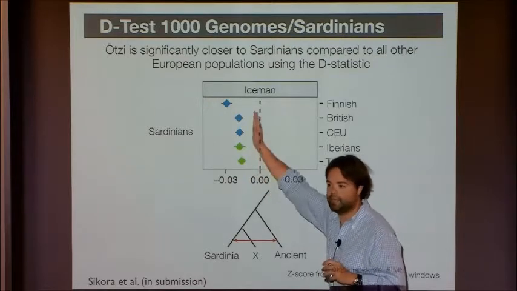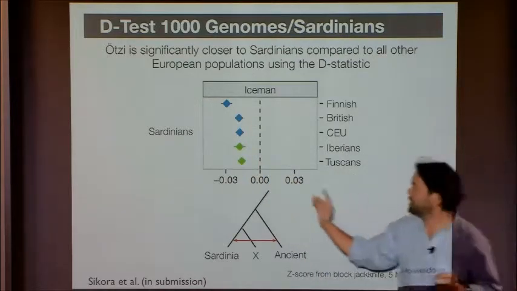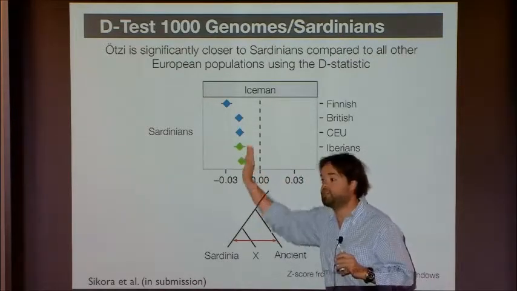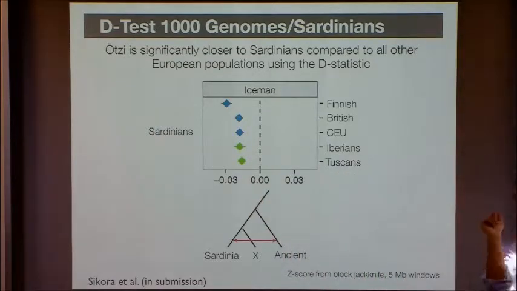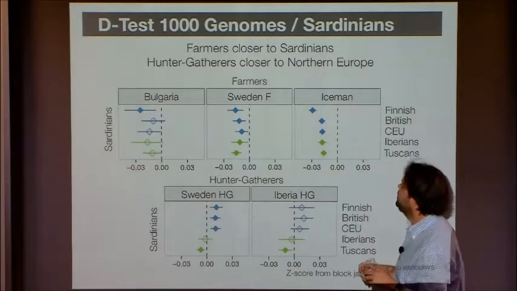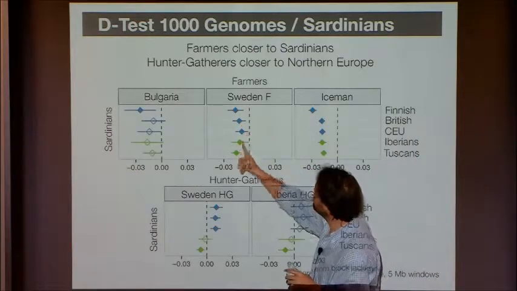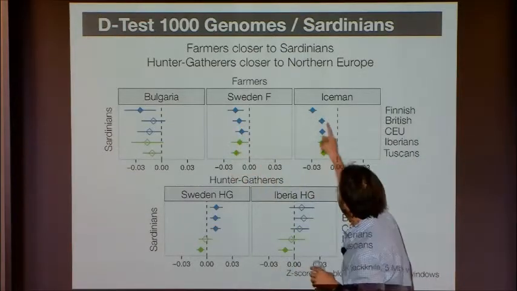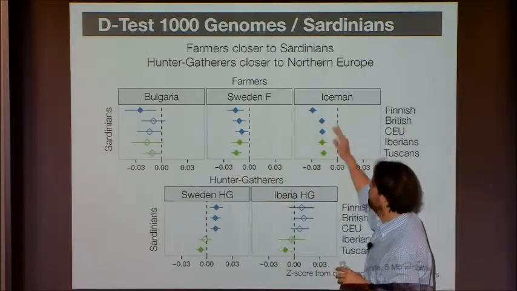Does that make sense? That's not so much because of the strength of the effect, but because of the strength of the data. There's a tremendous amount of data because this Iceman was sequenced to high coverage. When you look at the other samples, which is the motivation for taking it to higher coverage, the Swedish farmer shows the same pattern as Iceman.